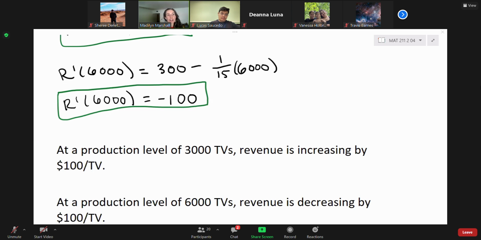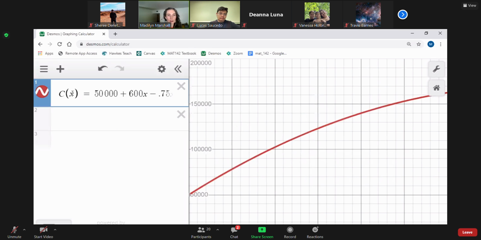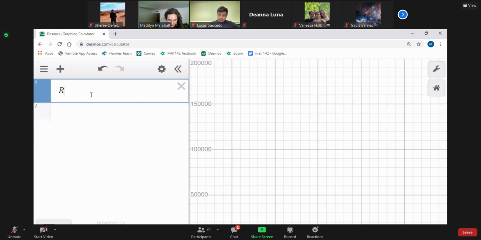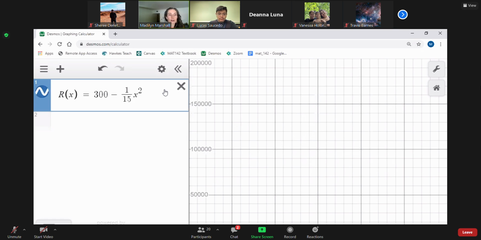And so if we look at that revenue function on a calculator, make a new function. Okay. So we had 300 minus 1 over 15. Oh, it was 300x.